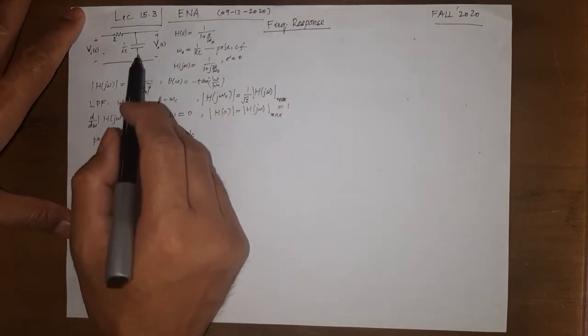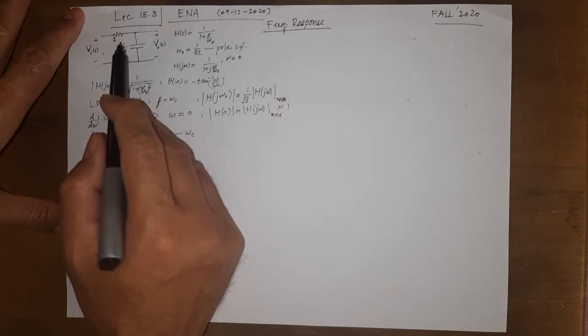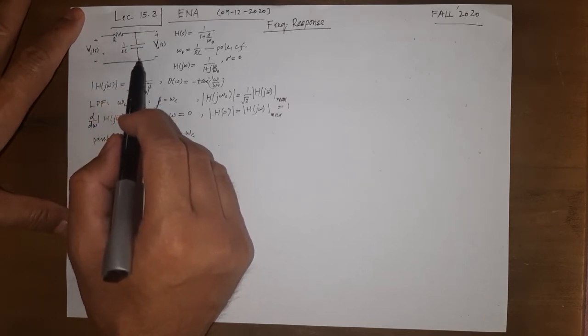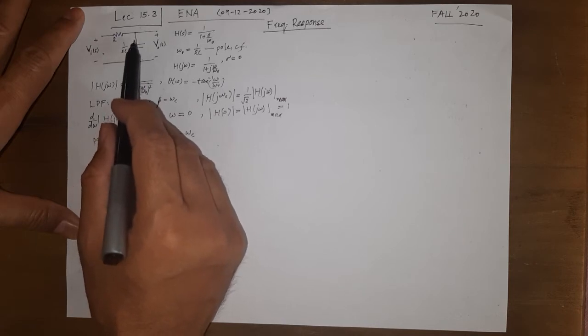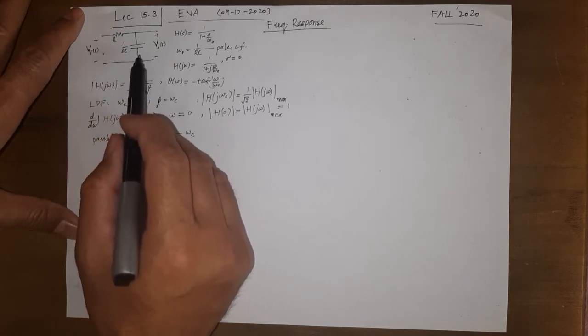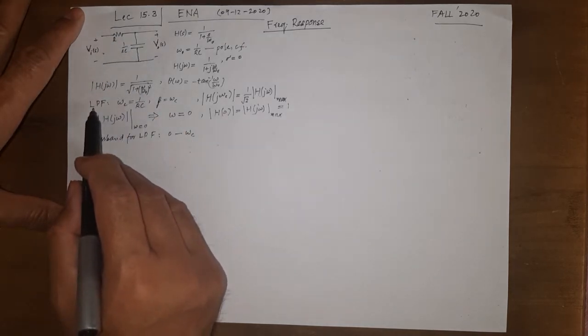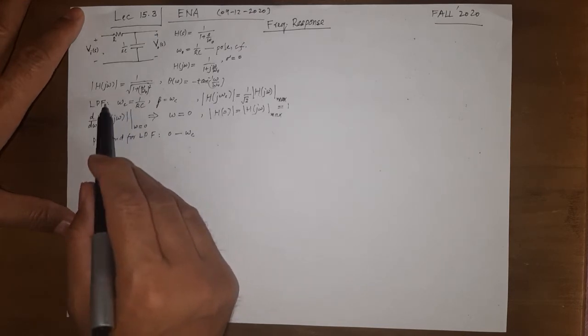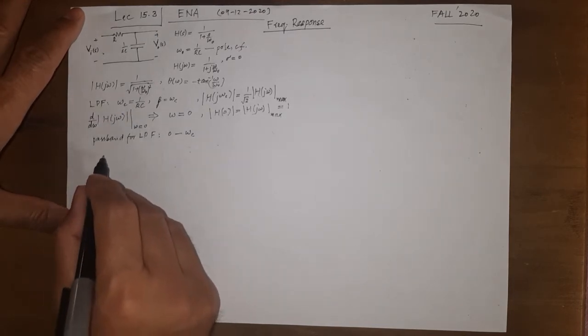So if you redo this whole problem as I have indicated in the past videos, but instead of taking the output across the C, you take it across R, putting R here and C here, then you will find that the filter allows, let me write this here for you.